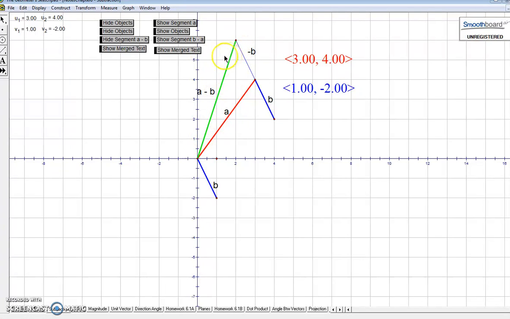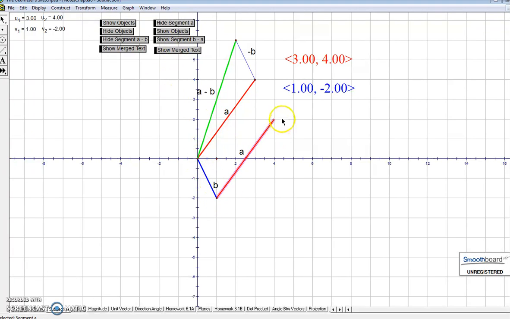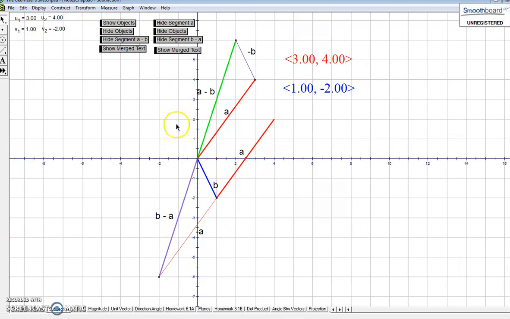Okay, it gets a little confusing there. I'm going to hide this original b there. So you can see a minus b just goes in the opposite direction. If I were to go b minus a, well, b plus a gets me to here, that 4, 2 that we talked about. b minus a, the a is going to go in the opposite direction. So a is going to go way down there. So this purple segment represents b minus a.